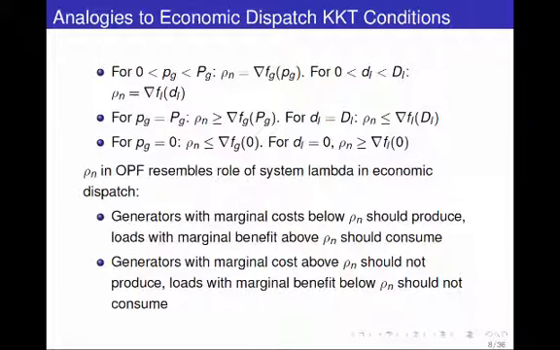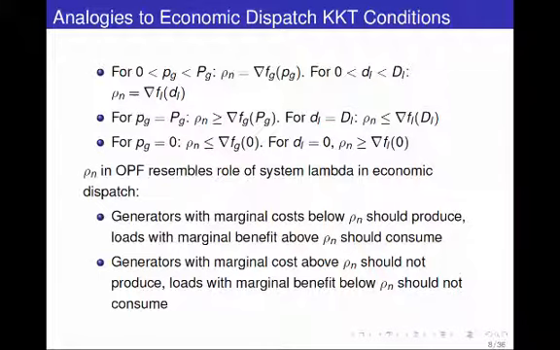And if a generator is at its maximum limit, it means that it's cheap enough so that its marginal cost at the maximum production is still cheaper than this local rho. Also, if a load is consuming at its max, it wants power so much that even the marginal benefit at the maximum of its consumption is still above this threshold rho. So this rho is a threshold.